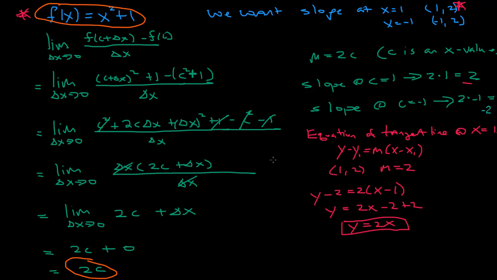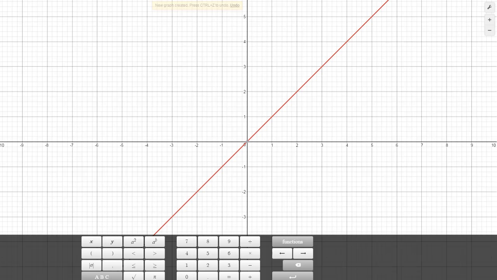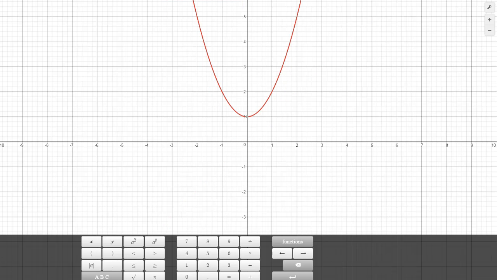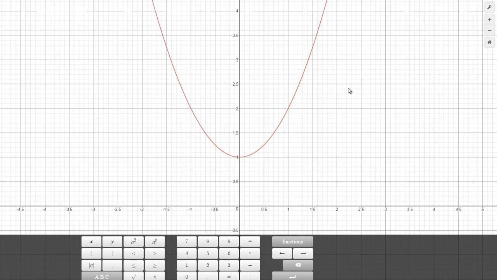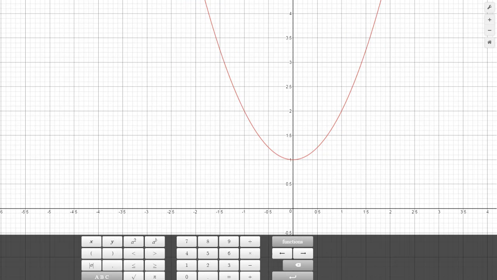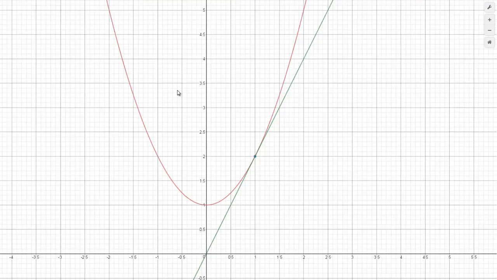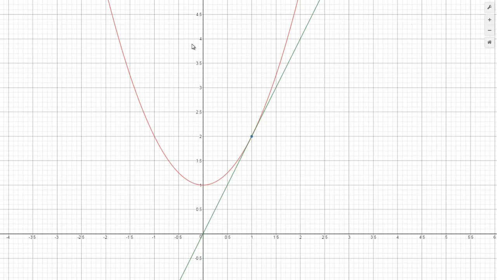So we have x squared plus 1 is our function, and y equals 2x is our tangent line at x equal 1. So x squared plus 1, there is our function. Let's plot the point 1, 2. So there's the point where we wanted to find our tangent line, and let's see if y equals 2x looks like a tangent line. There we are. I think we're good.